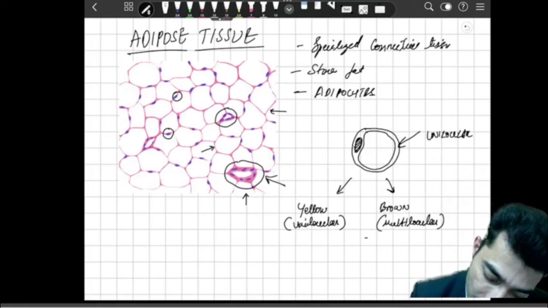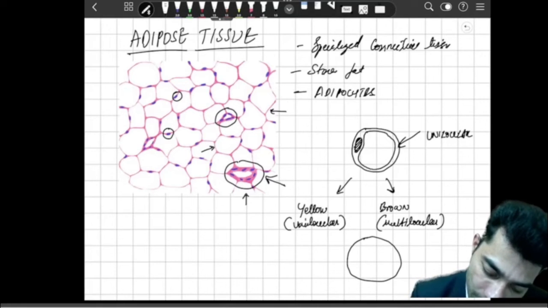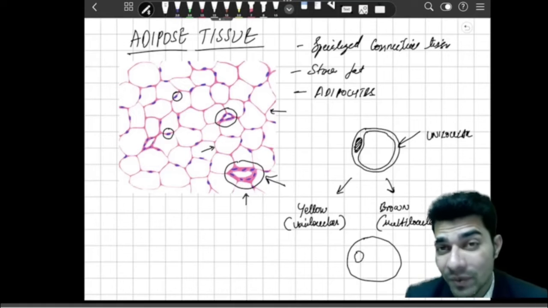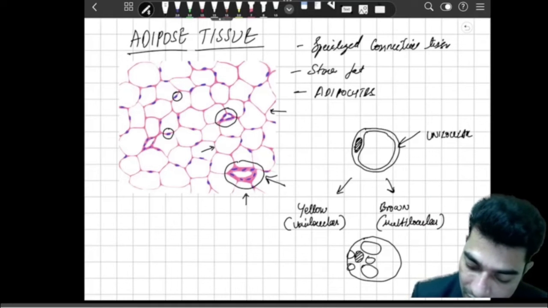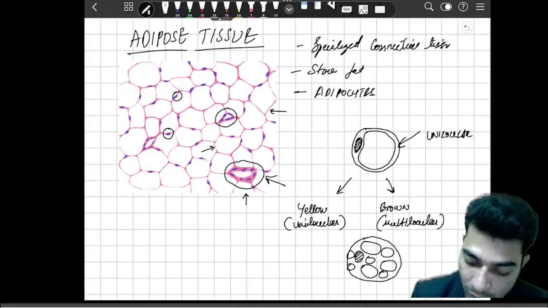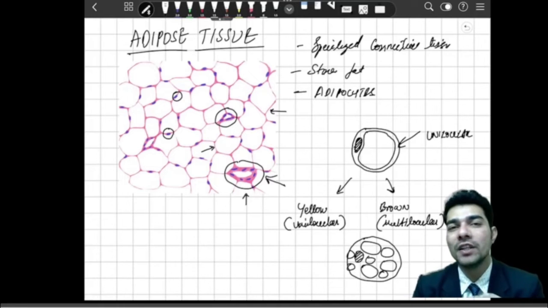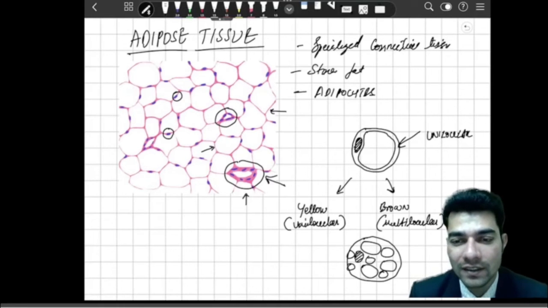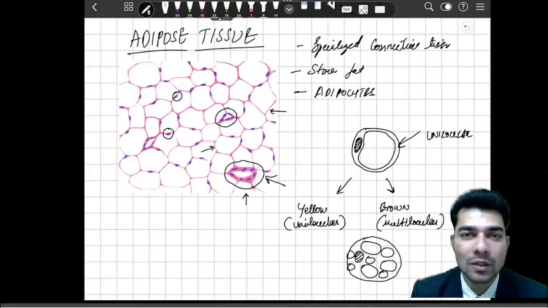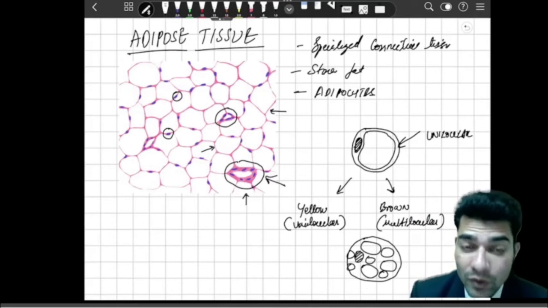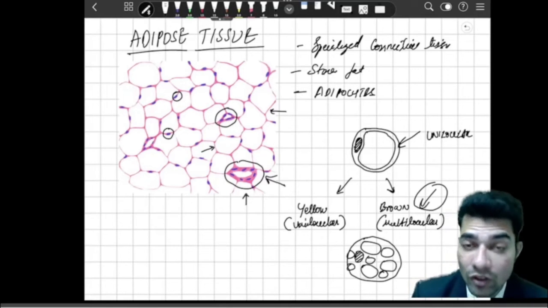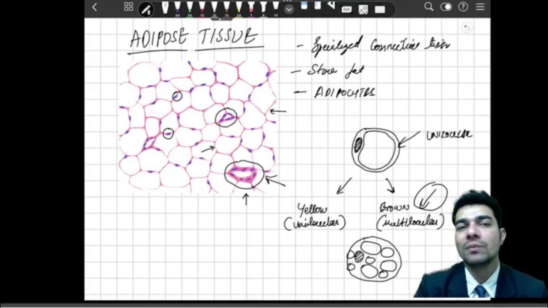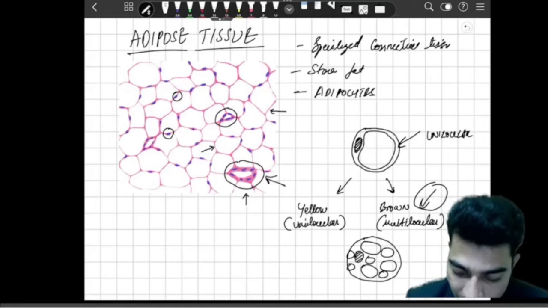The nucleus may be placed centrally or pushed apart, and the cell will have multiple fat locules, not a single one. Hence there is a difference between the yellow and the brown. They are named according to their appearance in the living tissue. The brown fat appears brown because of the many blood vessels in it, which gives the typical appearance of brown fat.